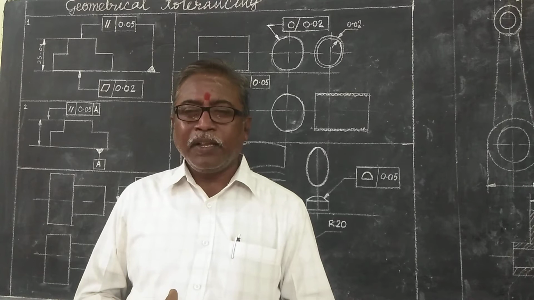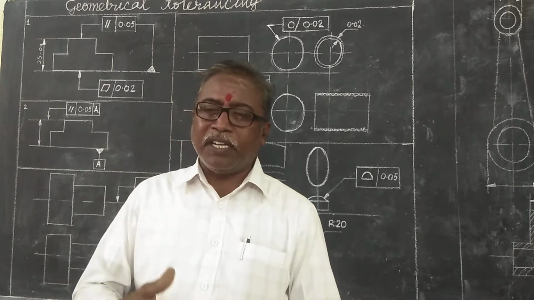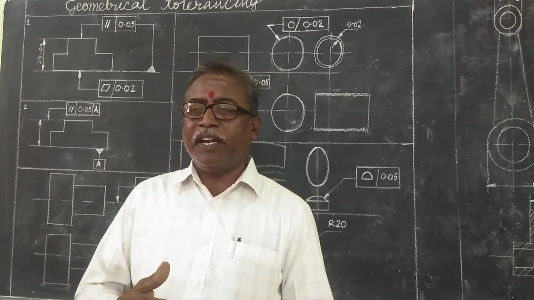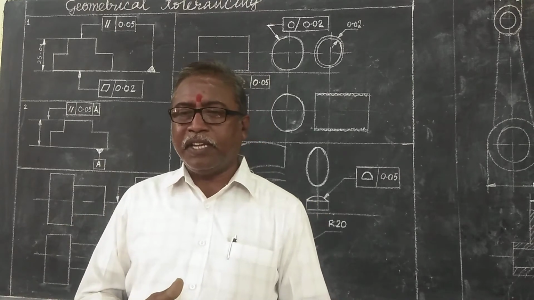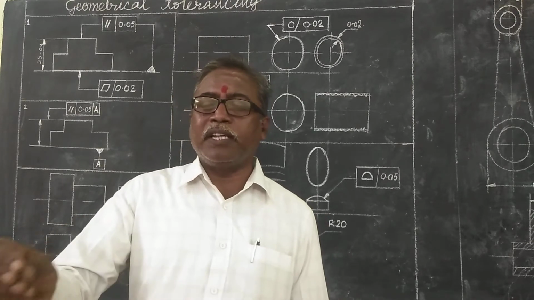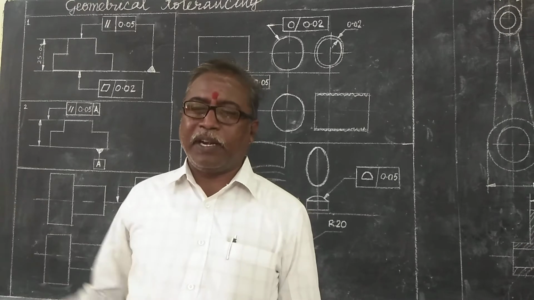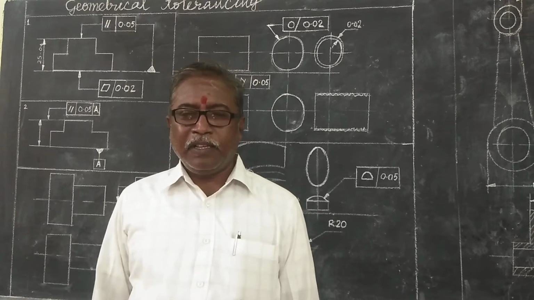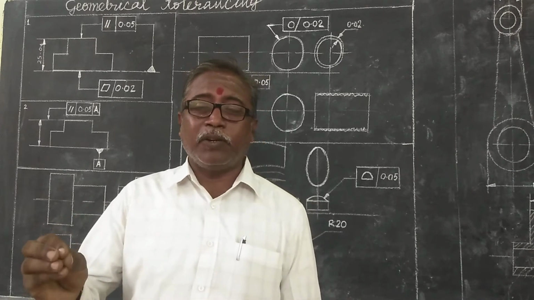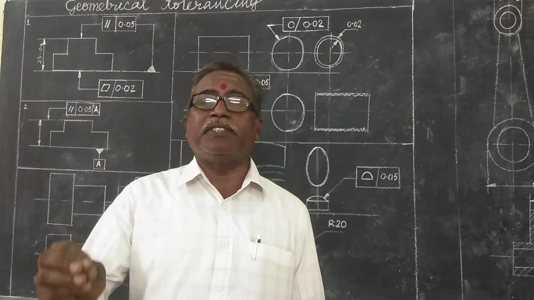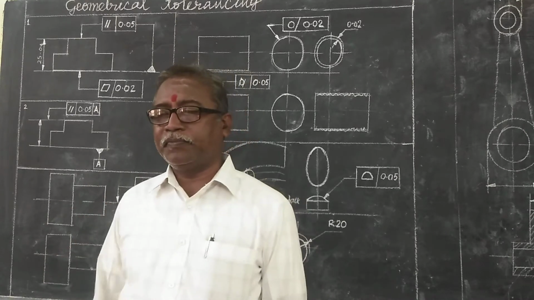That's why whenever we use the maximum permissible variation, it is easy to make. The reason is that it is easy for the operator to make the component. Geometrical tolerance is given to make the component easily, number one point.